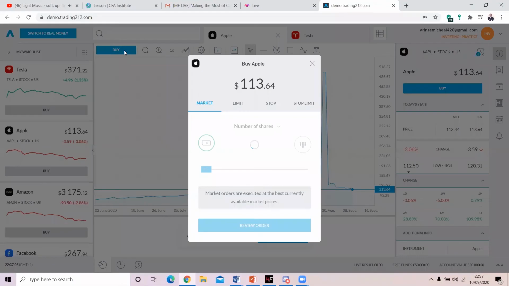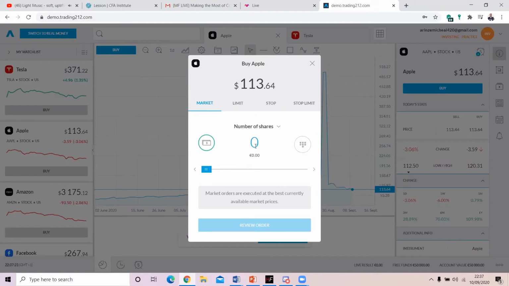First, there is buy. When you're interested in a particular stock, you just click on it. When you click on it, this pops up.